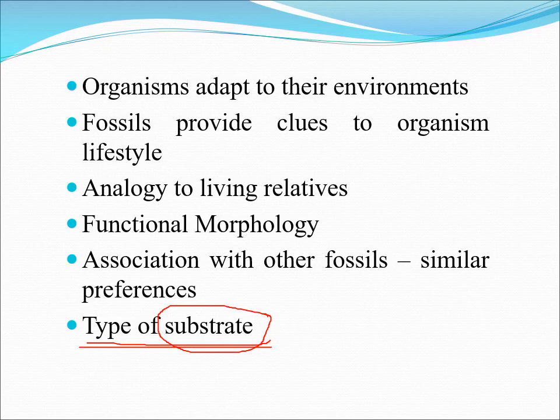So you have to depend on some indirect evidences which are preserved along with the fossils. But the substrate over which an organism lives is the only evidence that is directly preserved along with the organism.